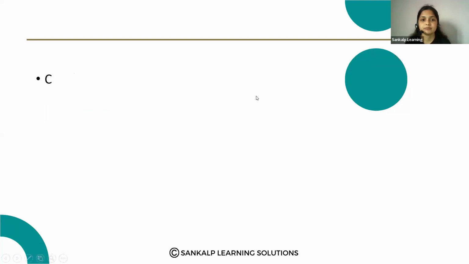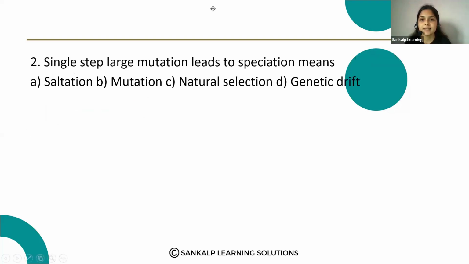Next question. Single step large mutation leads to speciation. Means option A, saltation. Option B, mutation. Option C, natural selection. Option D, genetic drift. Okay. Here, single step large mutation is not called a mutation.